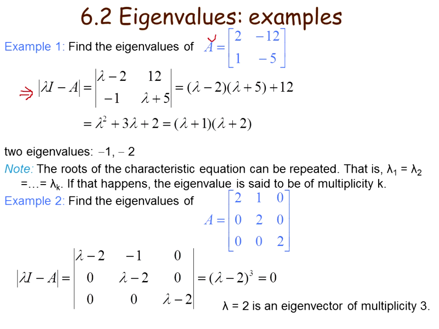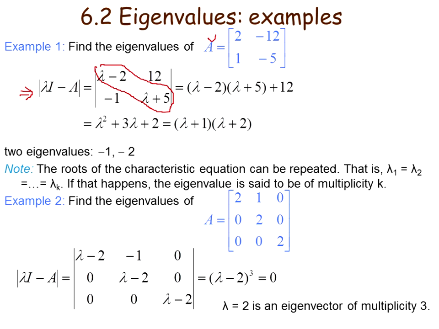We subtract every element from lambda. This is our matrix, and we subtract only the diagonal elements: lambda minus 2, and so on. It is called the characteristic equation.